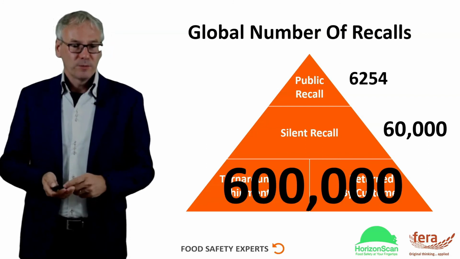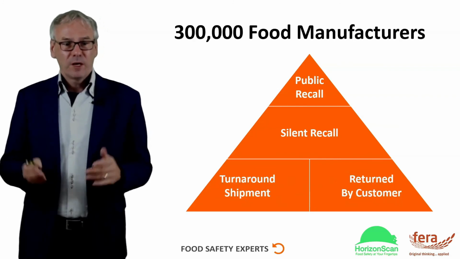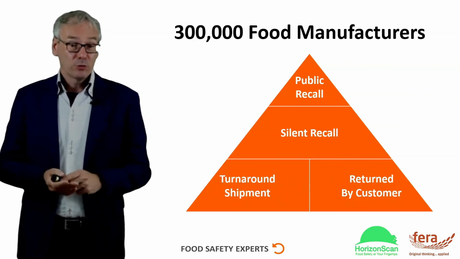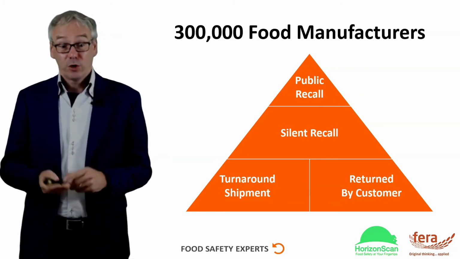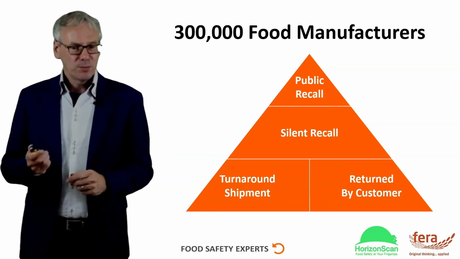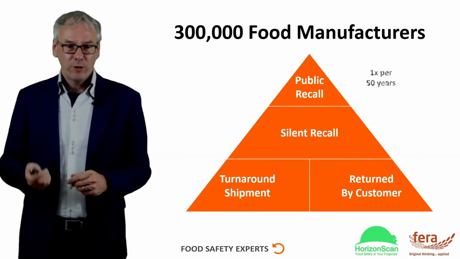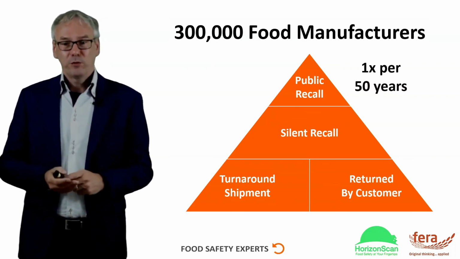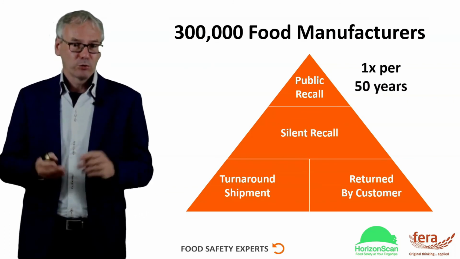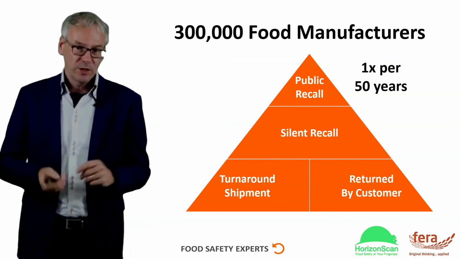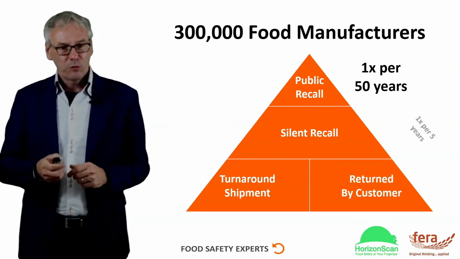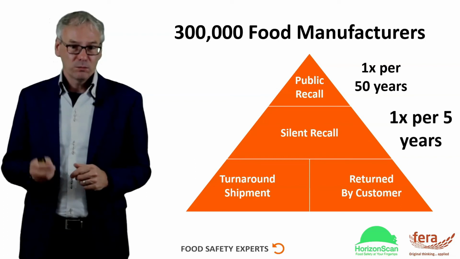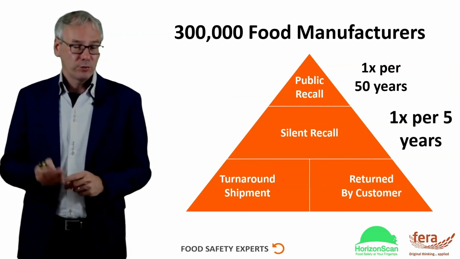That's huge. And if we consider that we have about 300,000 food manufacturers around the globe, this means that on average, a food manufacturer will face a public recall once every 50 years. But they will face a silent recall on average once every 5 years.